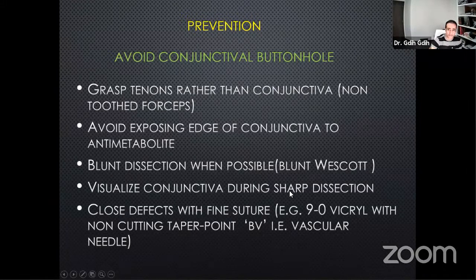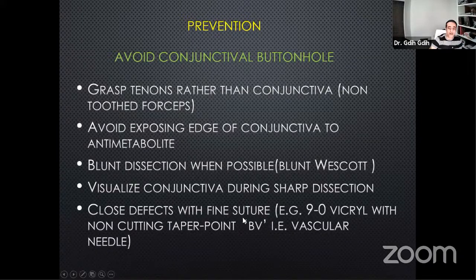Use the blunt one, and whenever you can, keep the Westcott scissor closed and keep dissecting bluntly, then cut when needed. Always visualize the conjunctiva during sharp dissection. When you're cutting something, always have visibility. Never cut blindly.